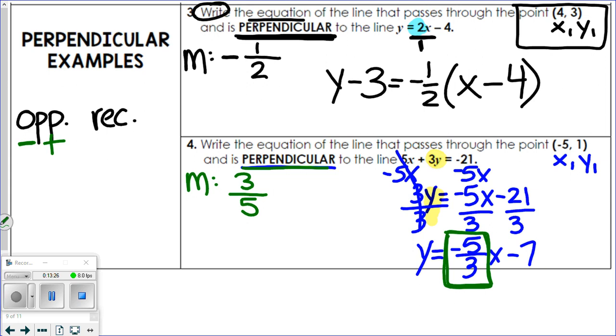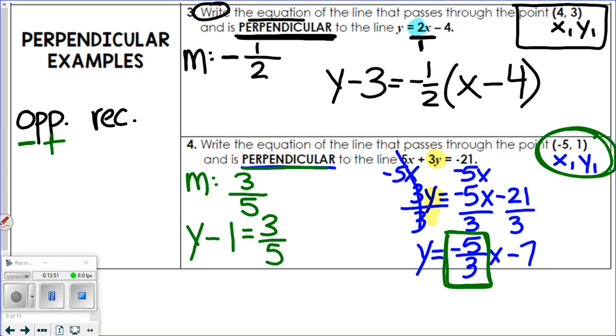Okay, so we're going to use this 3 over 5 and this x1, y1 point. So I have the point and I have the slope. We're going to write it in point slope form. So y minus y1, which is 1, equals m, your slope, 3 over 5.